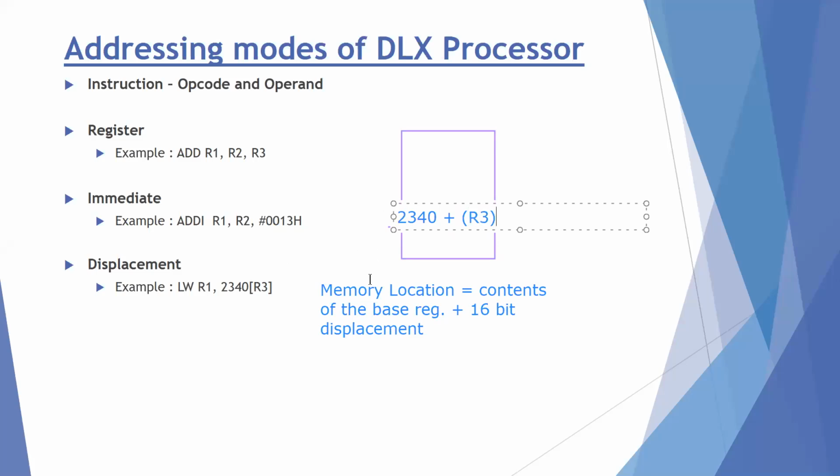So whatever value comes out after adding 2340 plus R3, that value is actually the location of a memory. So that location is accessed.